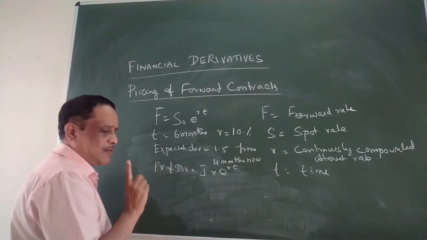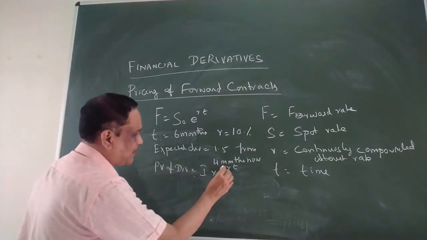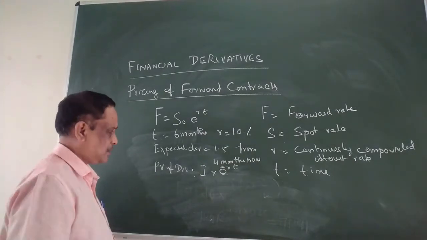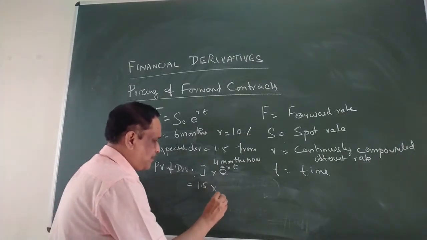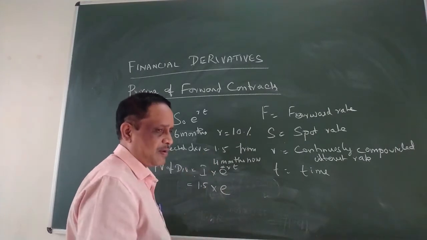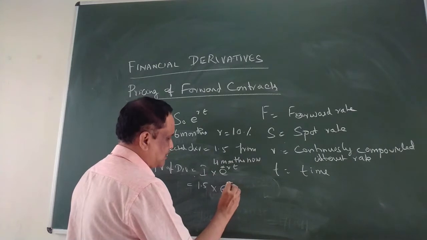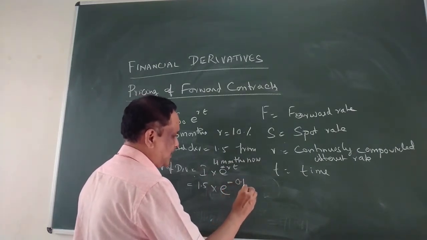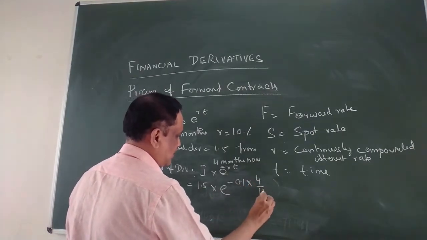To calculate the present value of the dividend, the formula is dividend multiplied by e power minus RT. In this case it will be 1.5 multiplied by e power minus, since the dividend is paid after 4 months, and the interest rate is given as 10%. So take it as 0.1 multiplied by the time, 4 by 12.